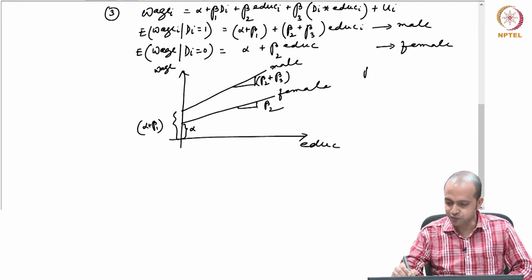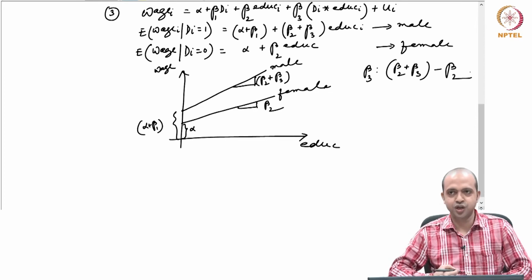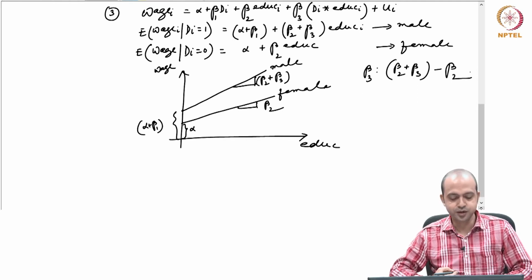How do you derive beta 3? As I said, the interpretation is derived: it is basically beta 2 plus beta 3 minus beta 2. So, these are the three cases we discussed yesterday in our previous class, right.